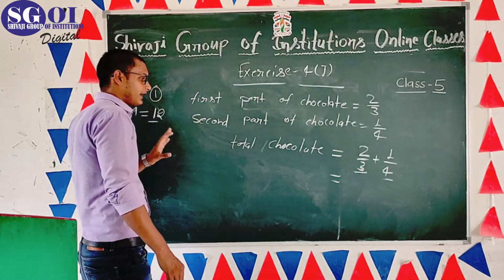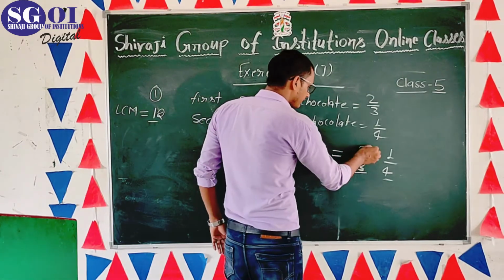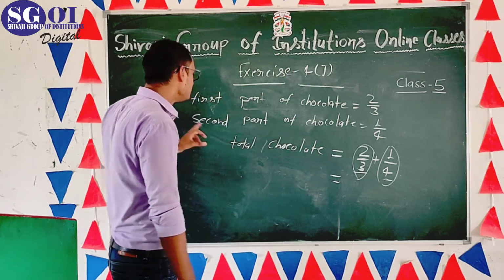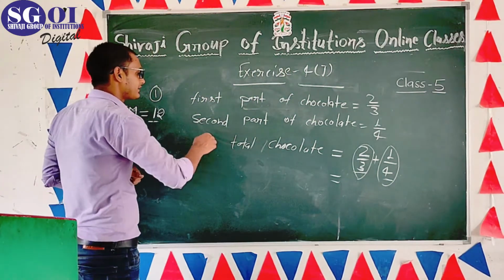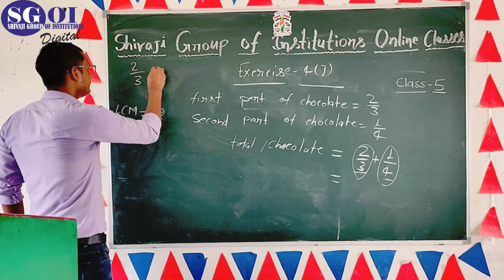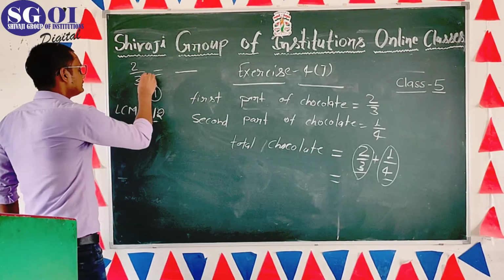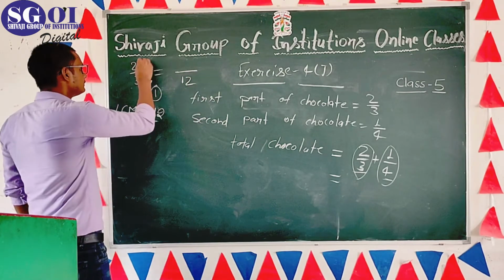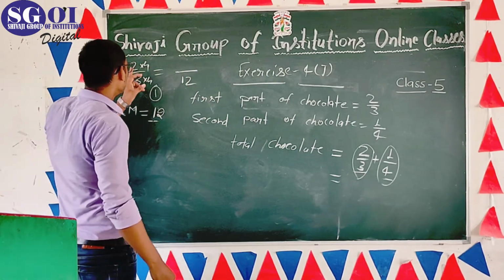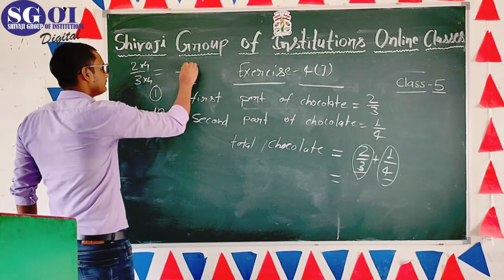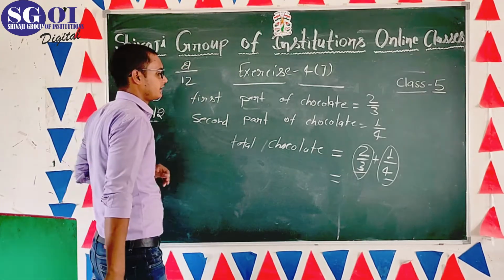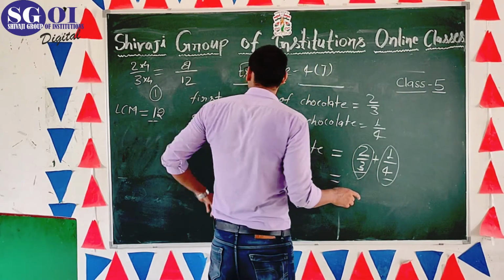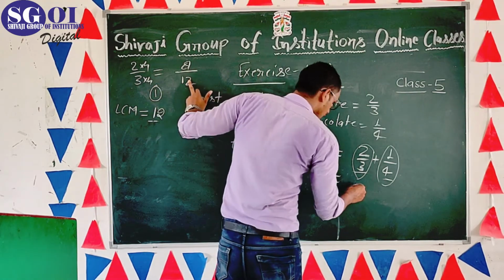So first we find the equivalent fraction of both fractions with denominator 12. The equivalent fraction of 2 upon 3 with denominator 12: 3 multiplied by 4 is 12, so we multiply both numerator and denominator by 4. 4 twos are 8. The equivalent fraction of 2 upon 3 with denominator 12 is equal to 8 upon 12.